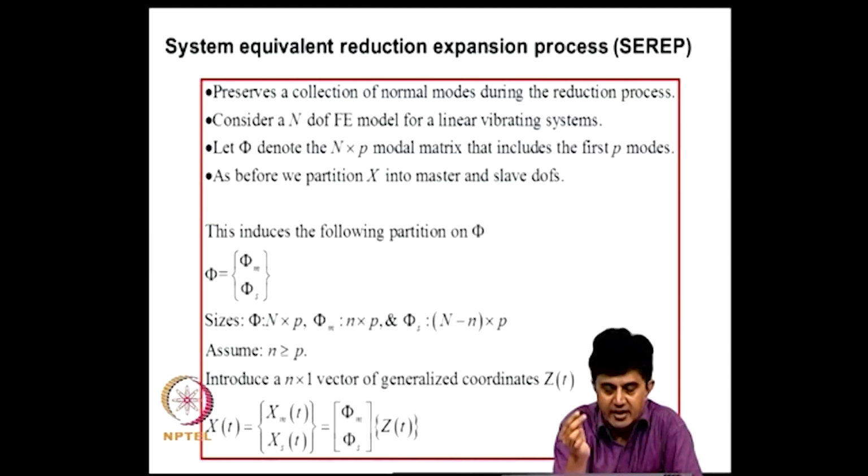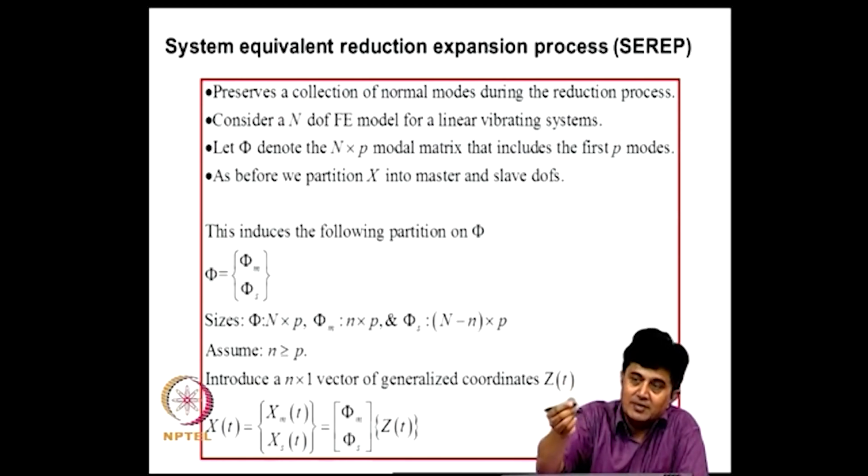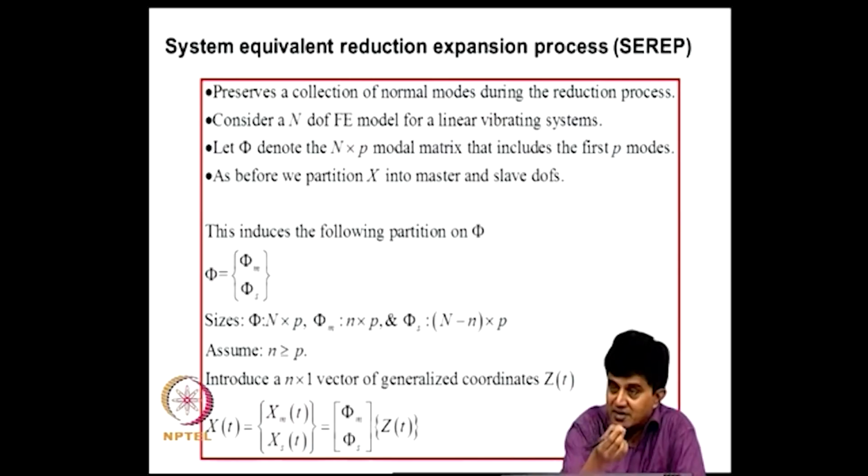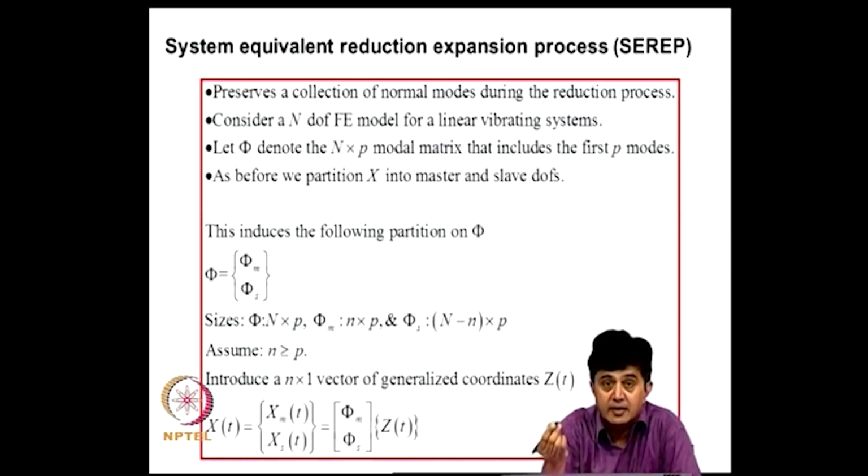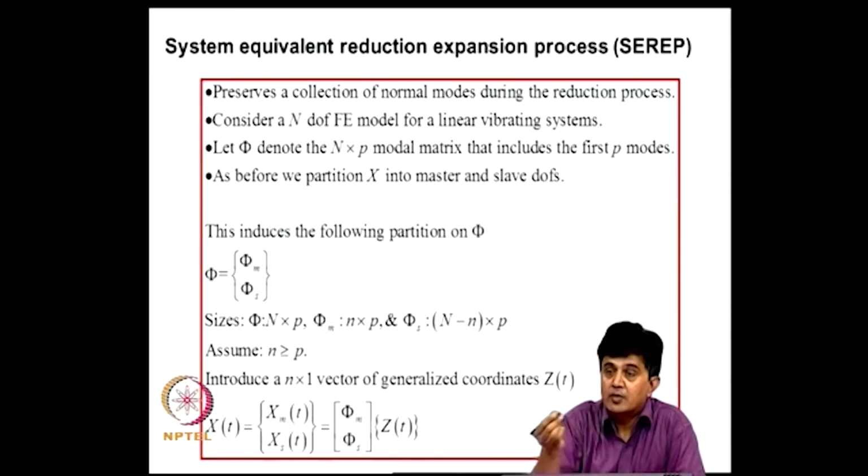Suppose in a 100-degree of freedom system there will be 100 natural frequencies, and if I am looking at a reduced model with 10 degrees of freedom, the reduced model will have 10 natural frequencies. The question I am asking is, can all these 10 natural frequencies be natural frequencies of the original system? Need not be the first 10, it can be any 10 that you can arbitrarily specify.